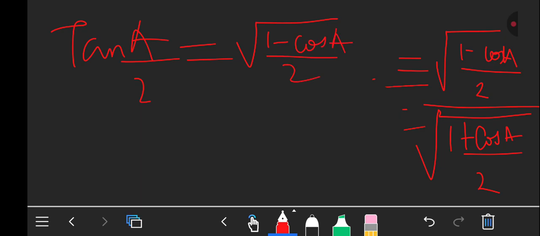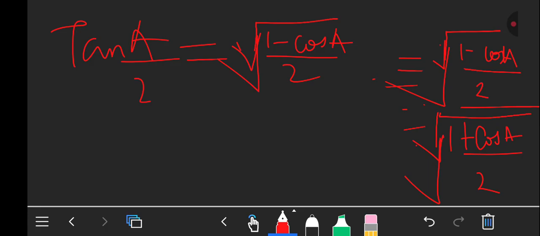Here we are dividing, and this square root must just end at this point. It should be like that, yes.